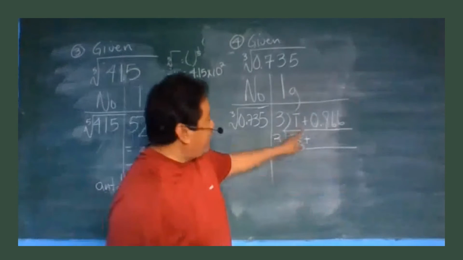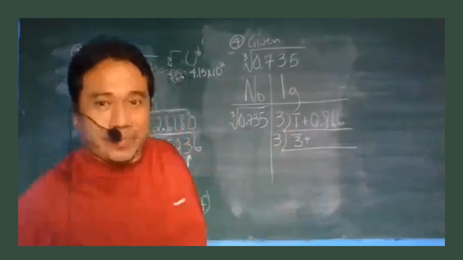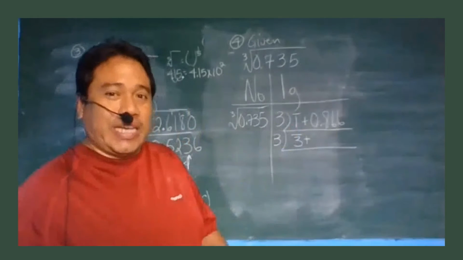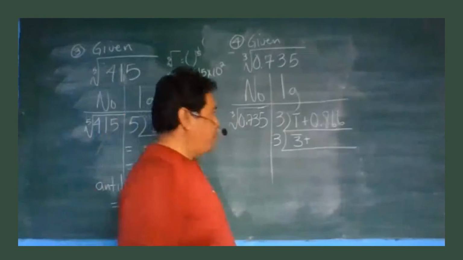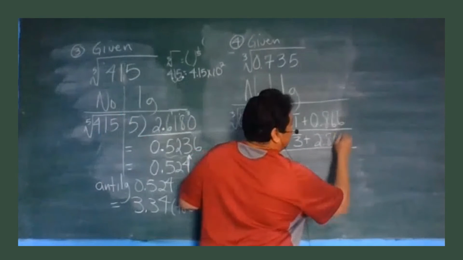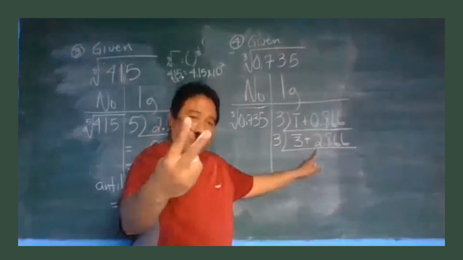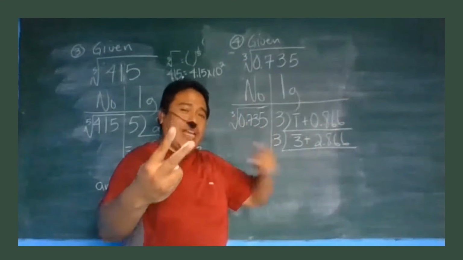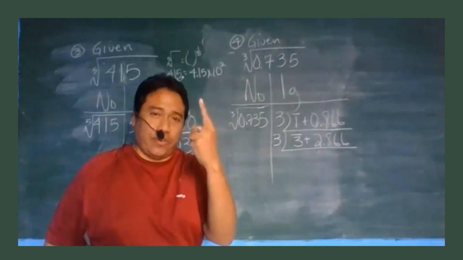But I need that to remain as bar 1. So instead of adding 3, I will only add 2. Why? 2 minus 3 will give me a negative 1.